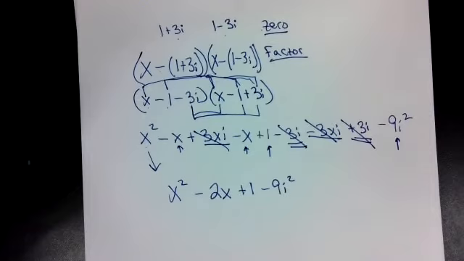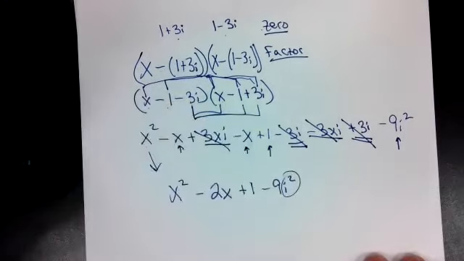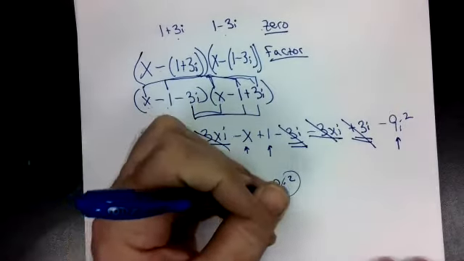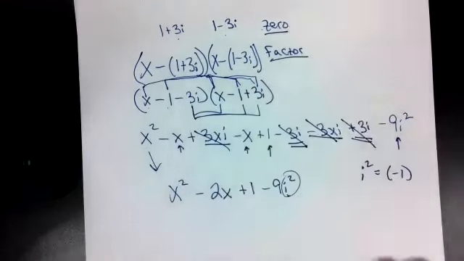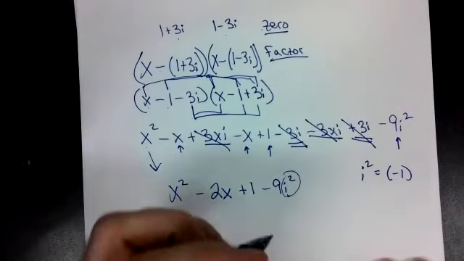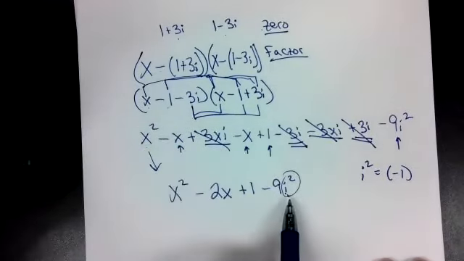Now, another thing that happens with imaginary numbers from previous algebra classes, i squared. So there's some explanation behind it. If i is the square root of negative 1, you square that, then this is no longer imaginary. i squared equals negative 1. So this i squared is a negative 1.